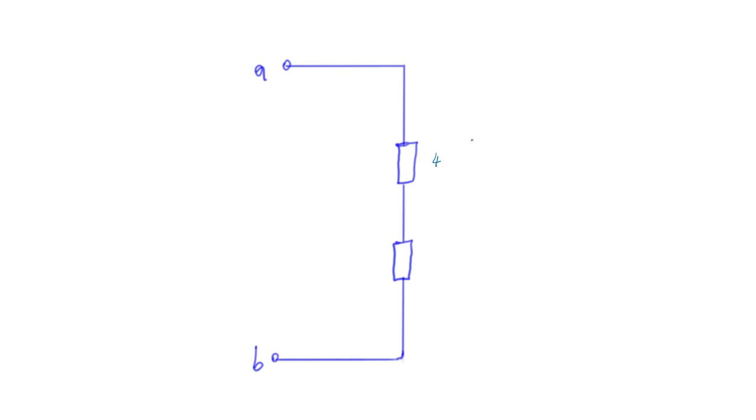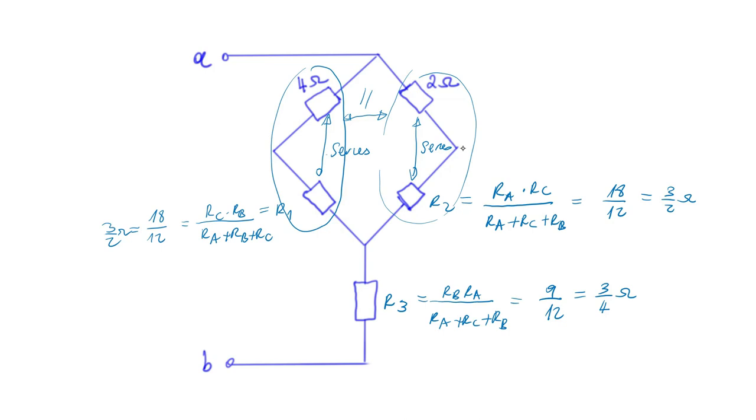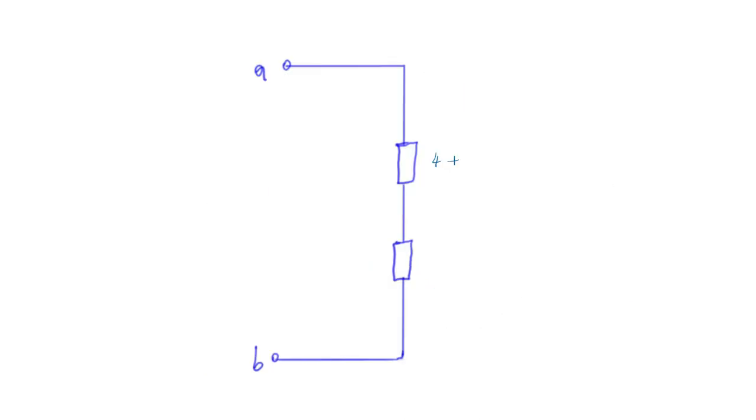Which is just 4 plus, because we had this in series with R1, so that will be 4 plus 3 over 2, which is in parallel with 2, I think this was 2 ohms, plus 3 over 2.